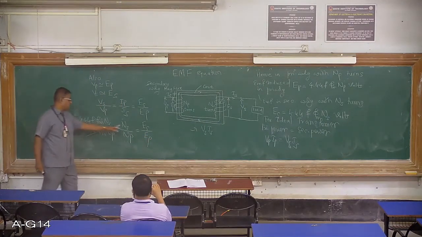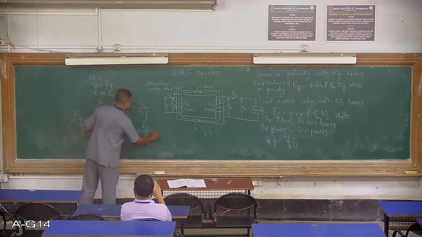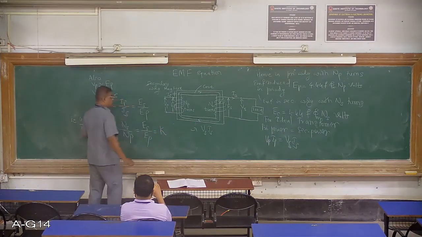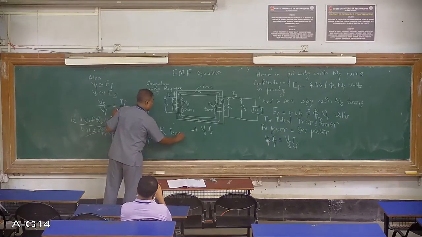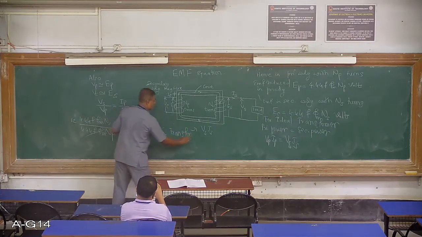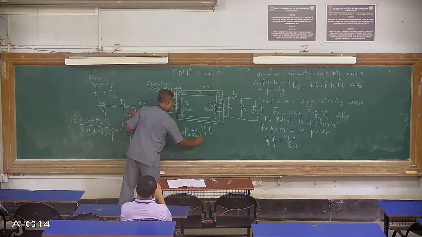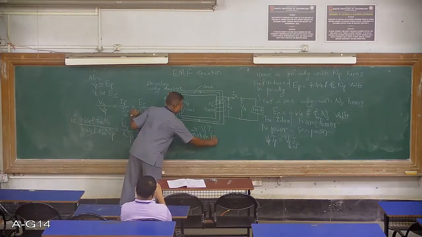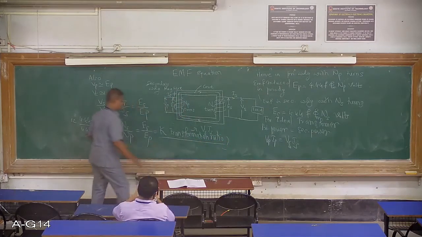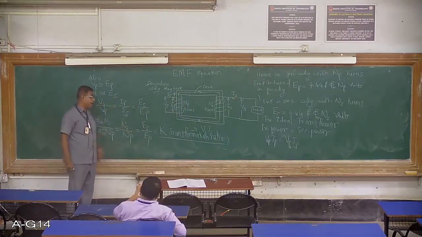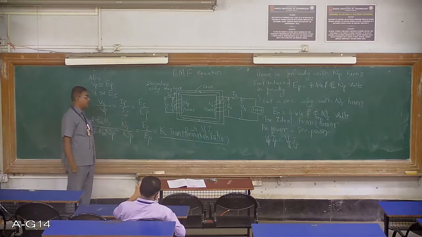This ratio is called K, which is the transformation ratio.